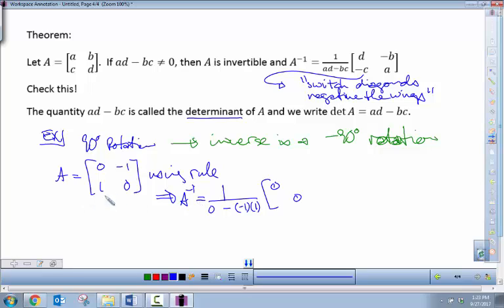And then we're going to negative the wings. So negative 1, negative, negative 1 is positive 1. So this will turn out to be just 1 on the outside, right? 0, 1, negative 1, 0.